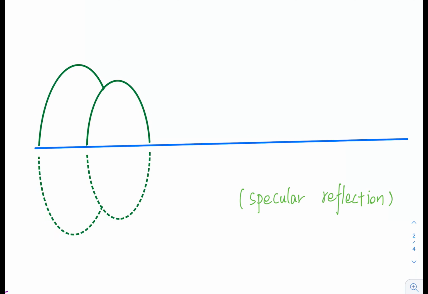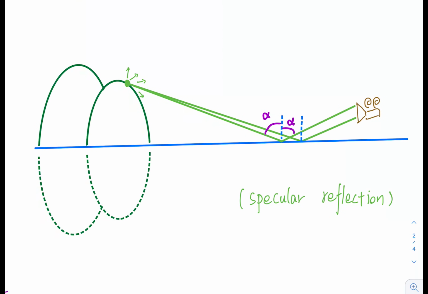So we can start from a random point on the mountain. We know the point is reflecting diffusely in all kinds of directions, so we can draw two directions to the water surface. After we have those incident rays, we can draw the reflected rays according to the law of reflection.